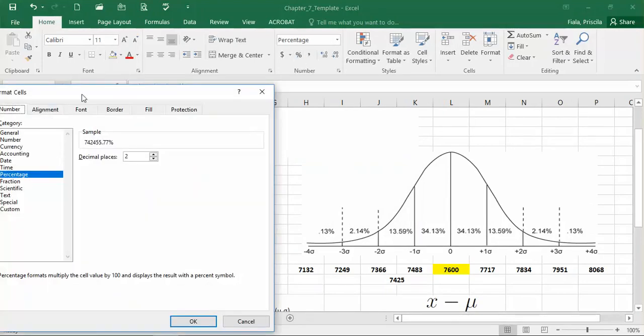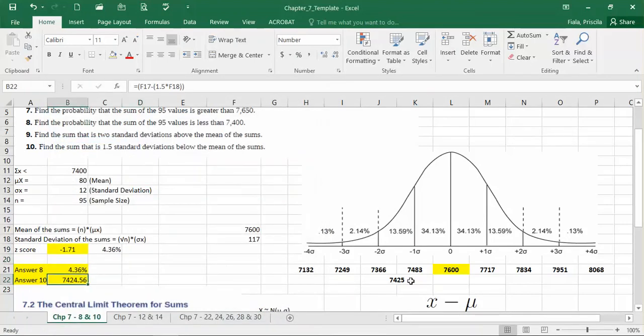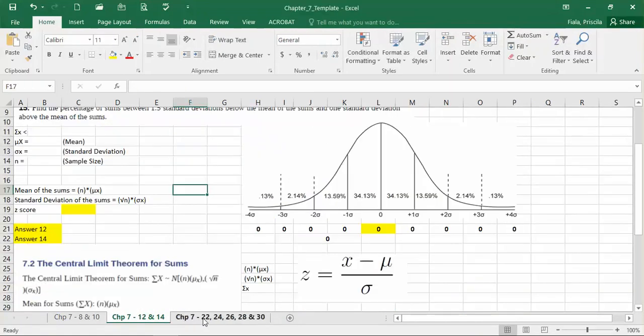Actually it should be just a regular number, 74.24.56. If you put in the digits, or you could just round up, and there we go, we'll have the same value. We're going to be doing the same thing for problem 12 and for the rest of the problems.